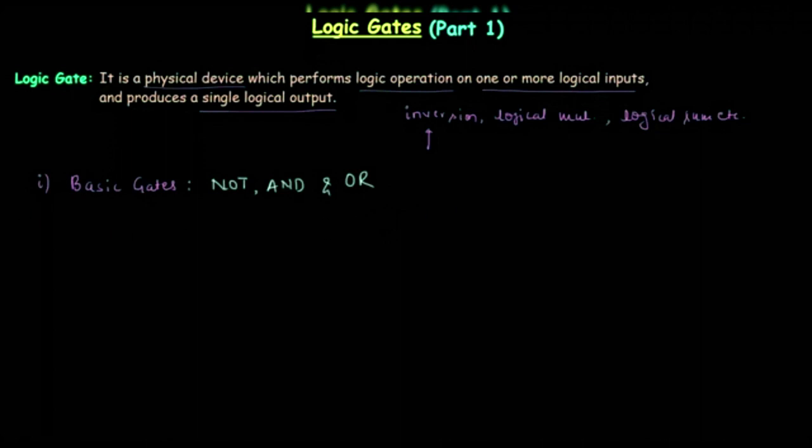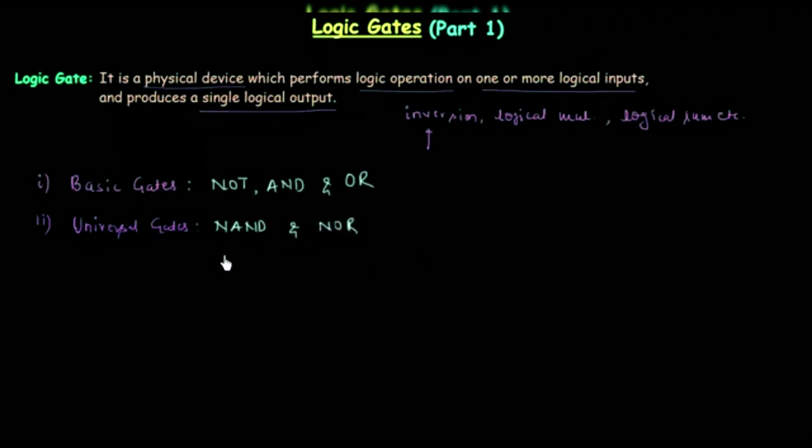The second one is universal gates. And in this group we have two gates. First one is NAND gate, and the second one is NOR gate.